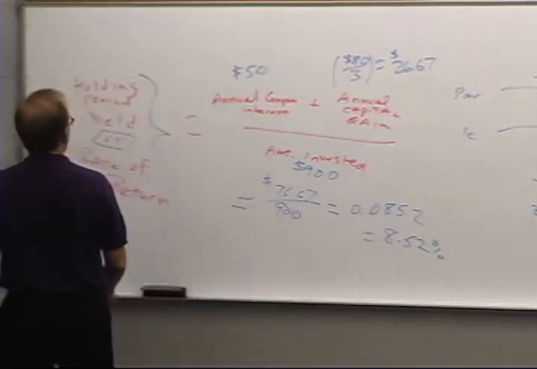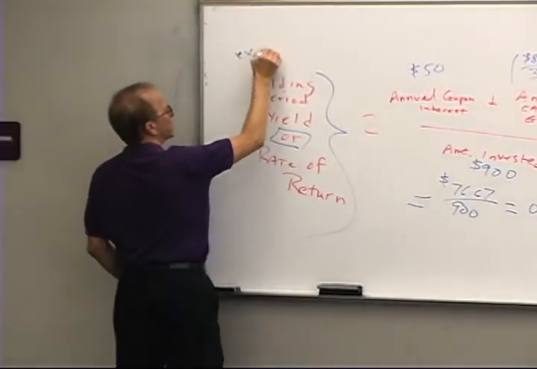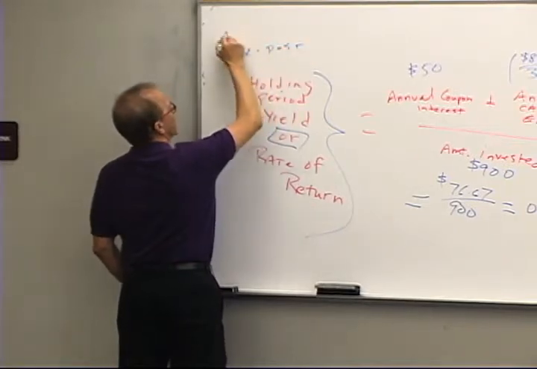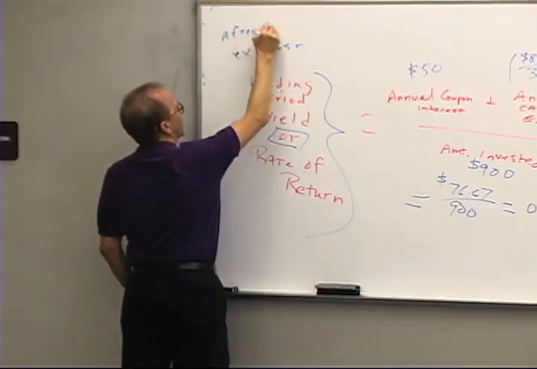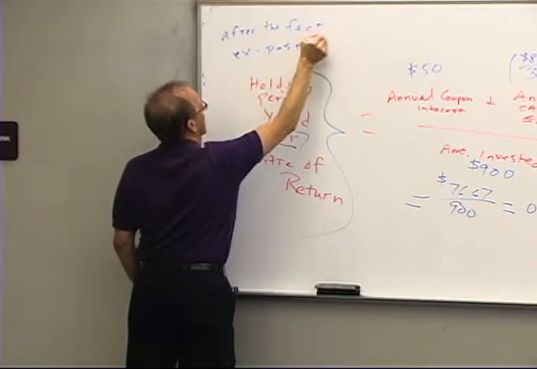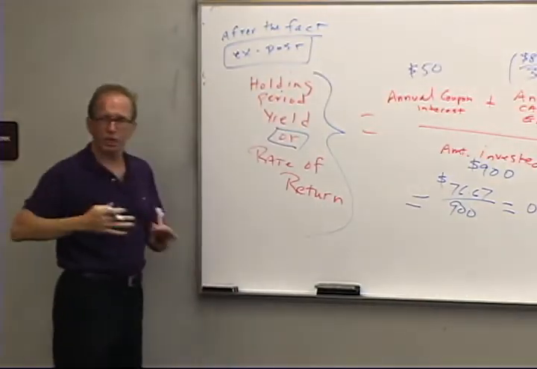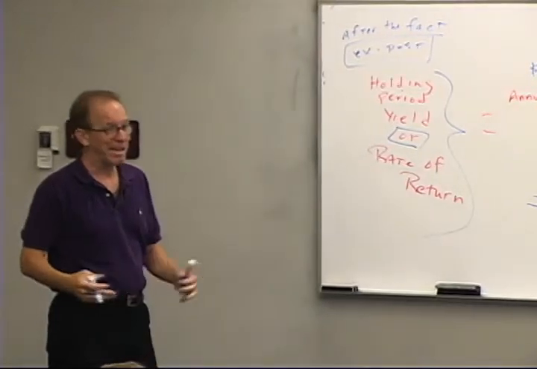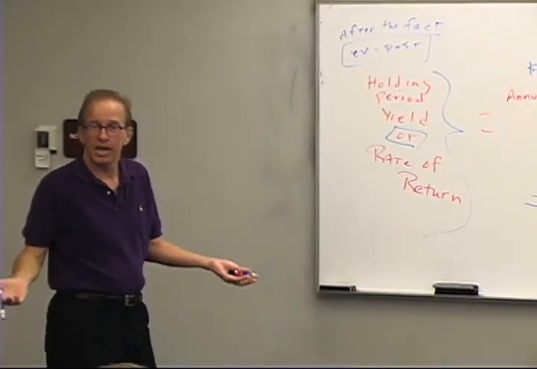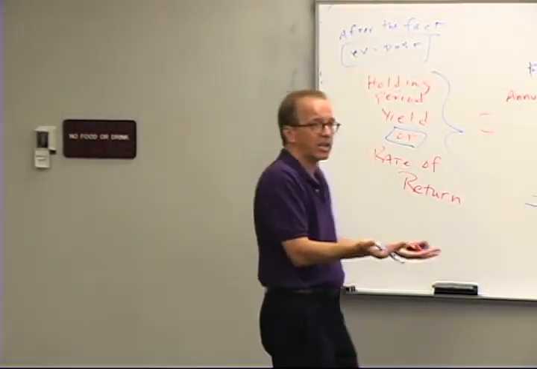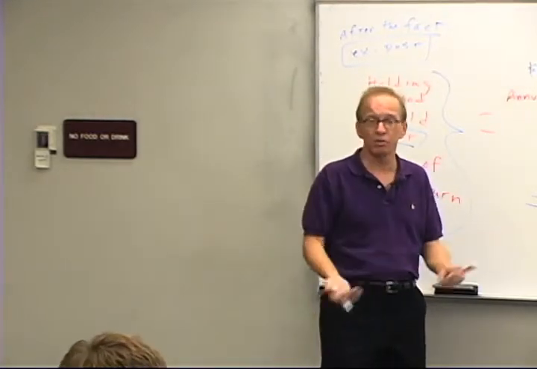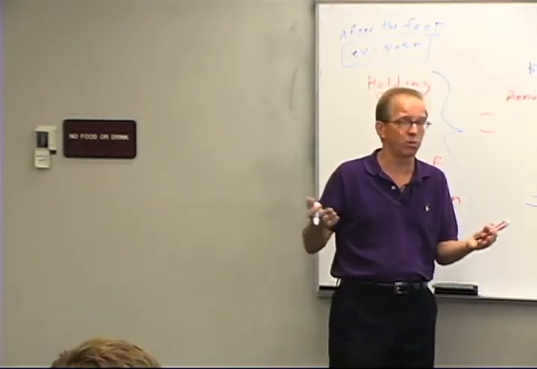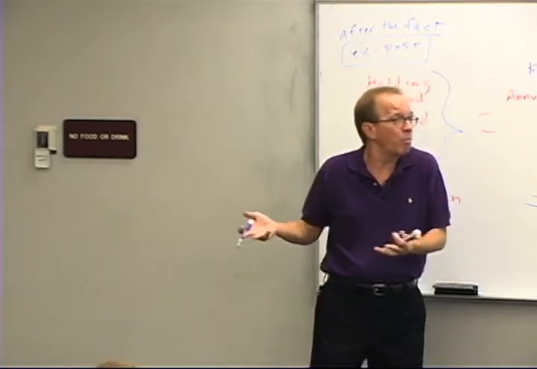And this kind of calculation is ex post, or after the fact. This is looking back. It said, hey, I bought that bond, I paid $900 for it. Now, I never knew when I was going to sell it. I bought that bond, and maybe I'd sell it the next day. Maybe I'd hold it till maturity. Maybe I'd hold it for a year, or 2, or 3, or 5, or 4.1.